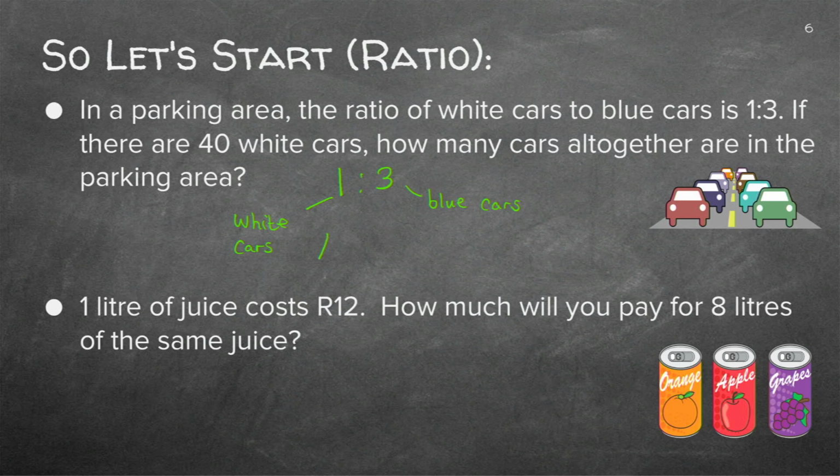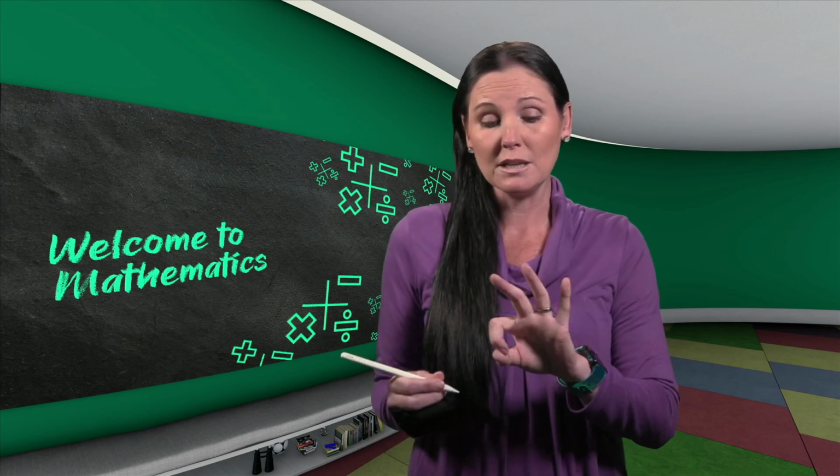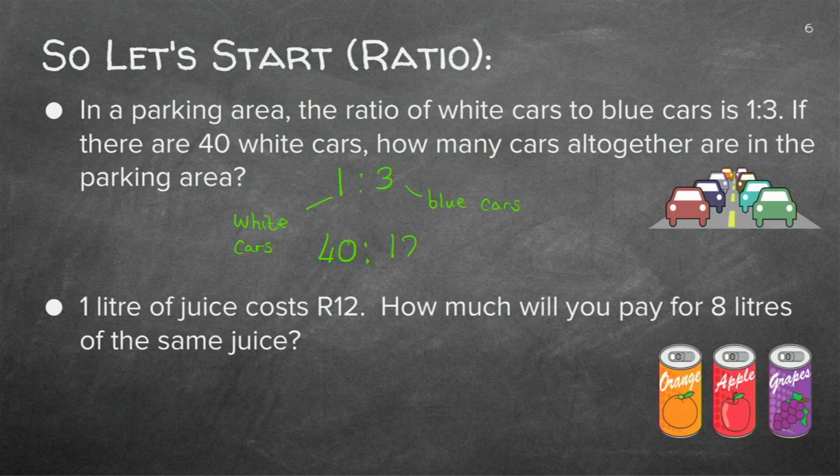So this ratio will turn into 40. So 1 part of white cars is equal to 40. But the ratio of white to blue cars is 1 to 3. So if I've got 1 part of white cars, I will have 3 blue cars. So I have to say 40 plus 40 plus 40, because it must be 3 times. And that will give you 120. So the ratio of white cars to blue cars will be 40 to 120.